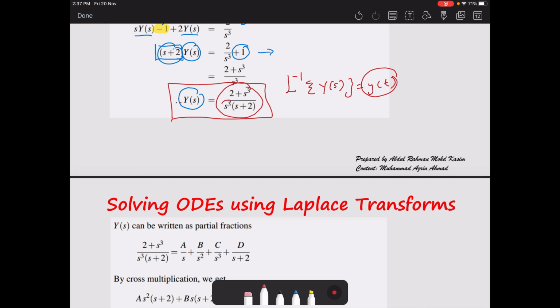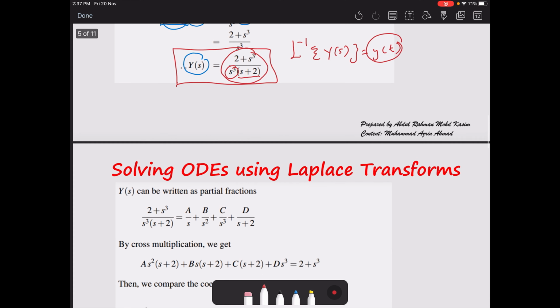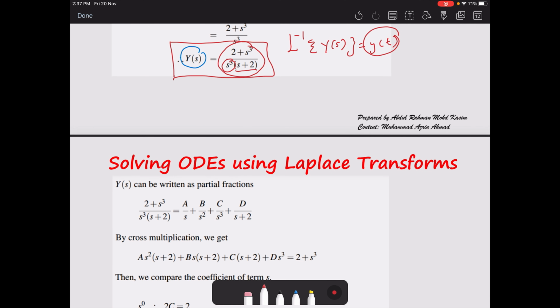You know that this is linear, and this one is also linear. So when you have a linear term over here, you will have A over s, and then we have power of 3 here, which means that it's repeated. So we have B over s square, C over s cube, and D for the s plus 2 over here.